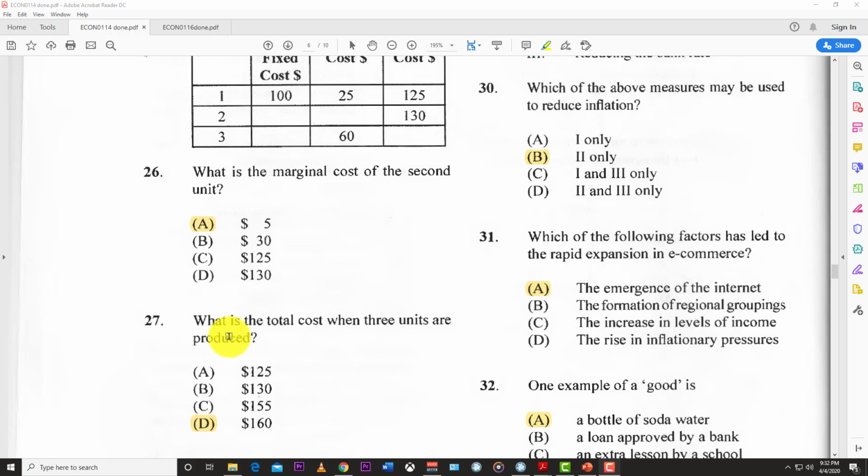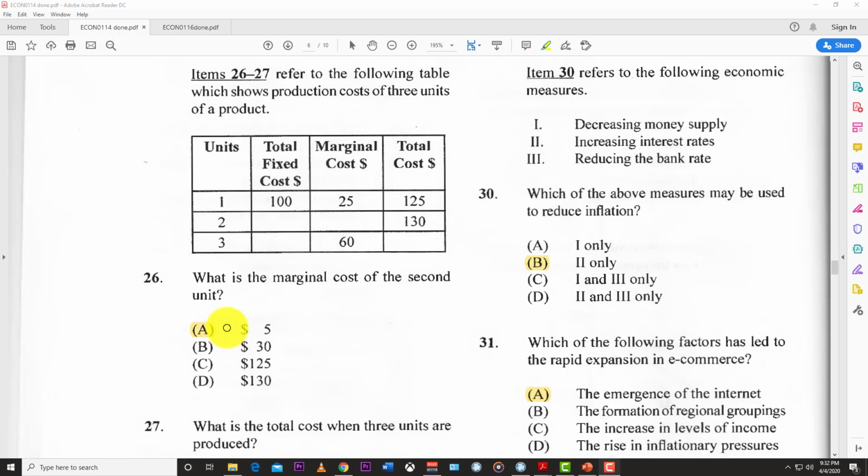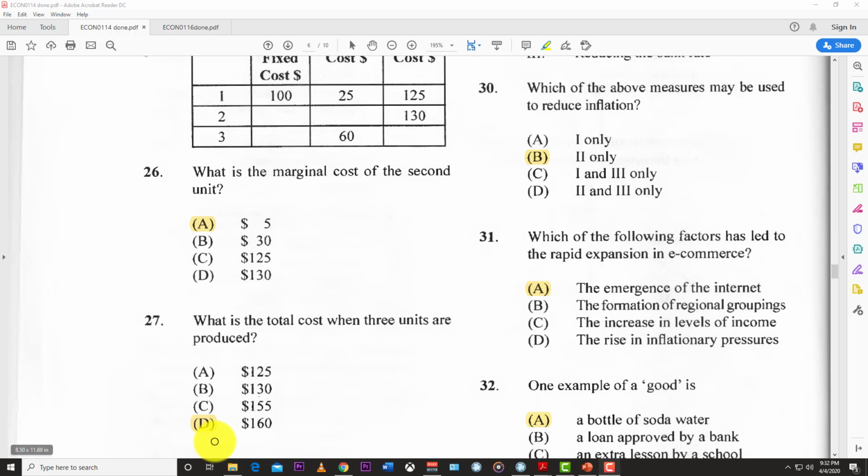And then in 27, again, there's an error on this paper. The 2014 Econ paper 27 says, what is the total cost when 3 units are produced? No matter which way you turn it, it's not going to be any of these, because it's not going to be 125, it's not going to be 130 because we already have those in, 155 is not going to be it, and if you do the maths, you'll get 190.